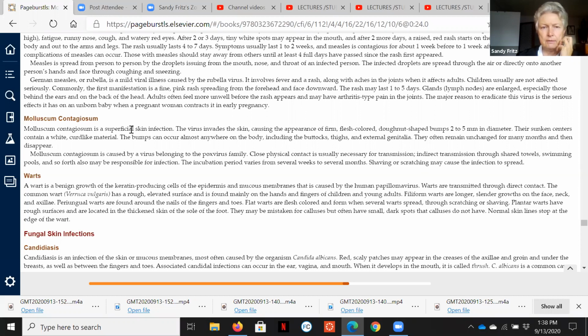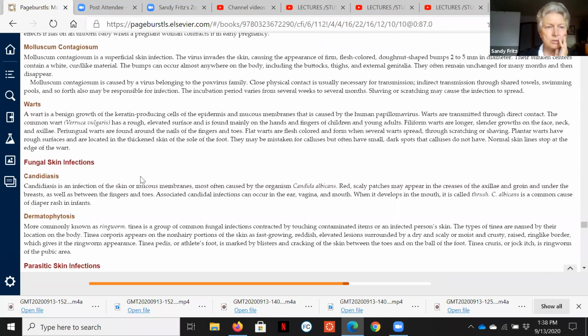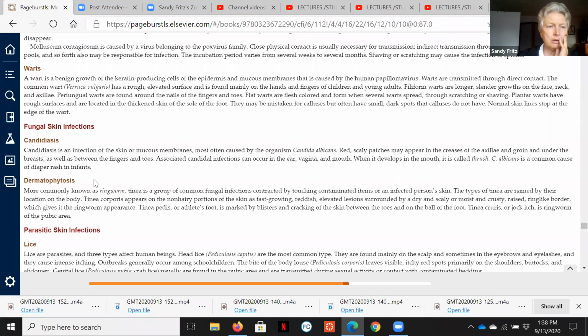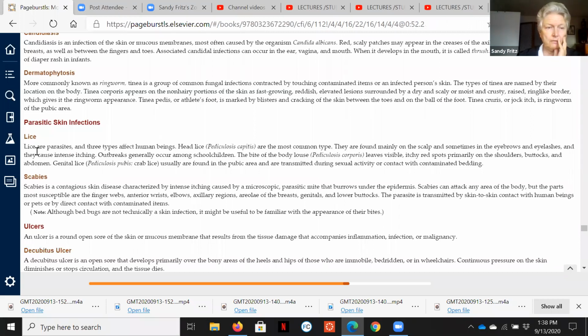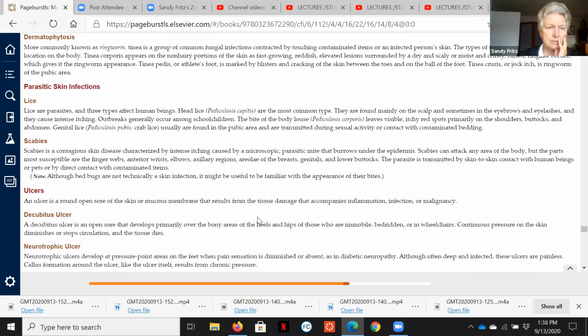Clogging up of the pore area. Warts we talked about. Here are your fungal infections. Here are your parasitic infections, lice, scabies.